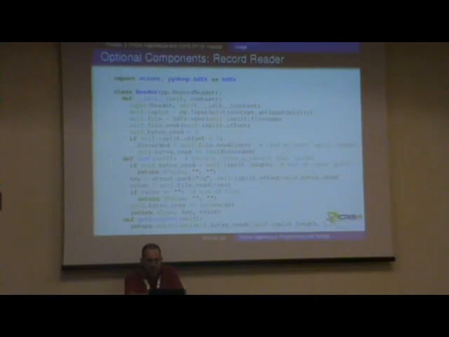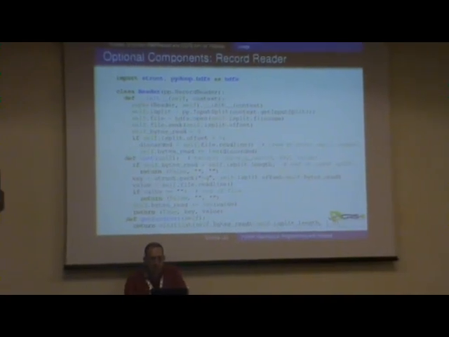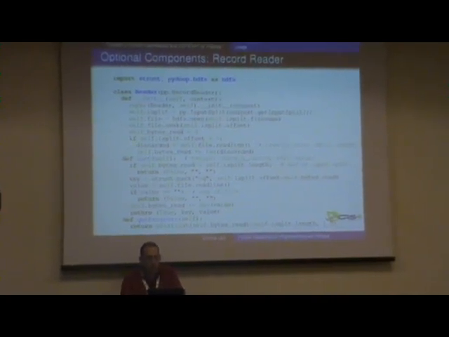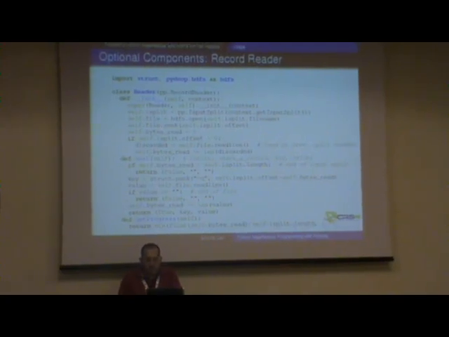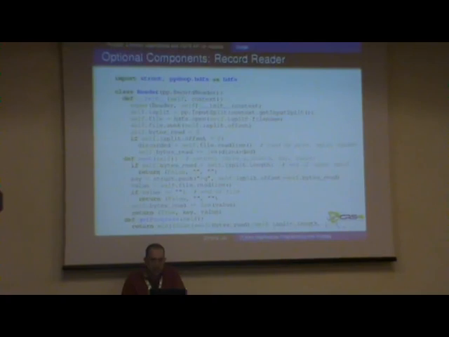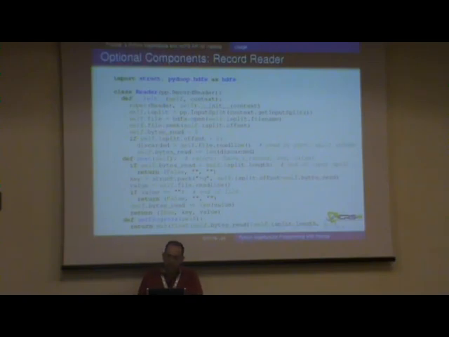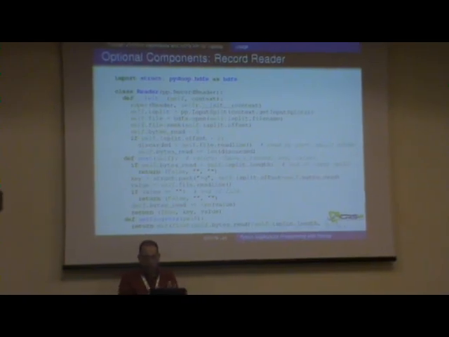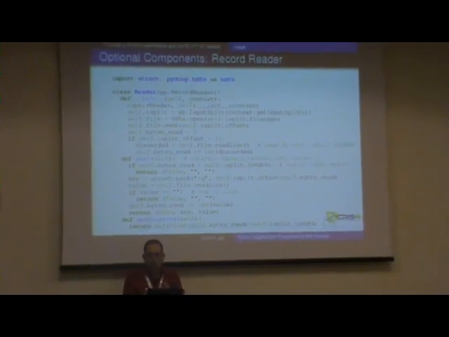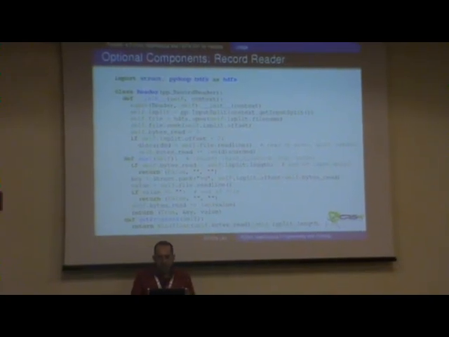And this is also a first example of how to use the HDFS module. So the record reader is a component that actually deals directly with the HDFS files. In this case, we are before the mapper. We have to read the file and extract the records and feed them to the mapper.